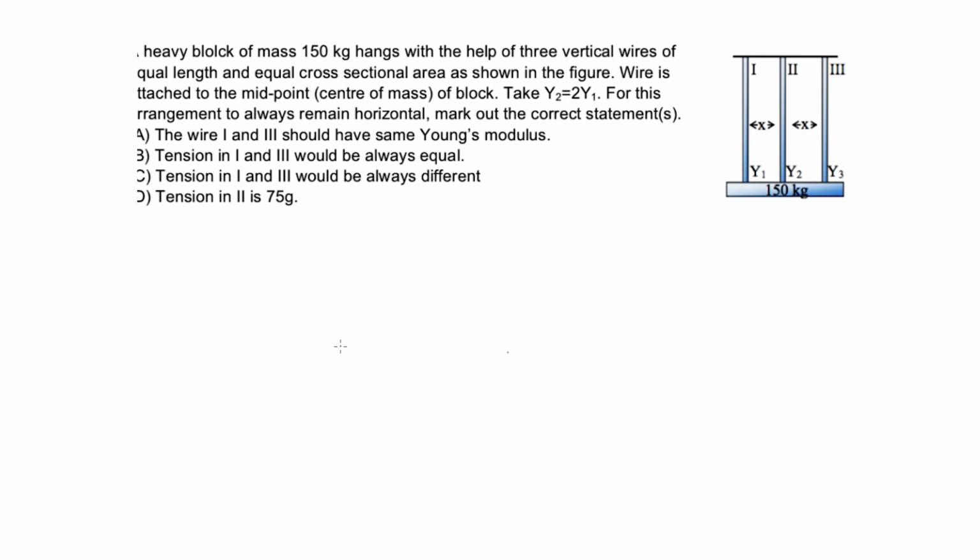Okay, so according to this question, it is a block and three wires are connected to this block like this. They have the same length and the same cross-section area, but the Young's modulus is Y1, 2Y1, and Y3 given.